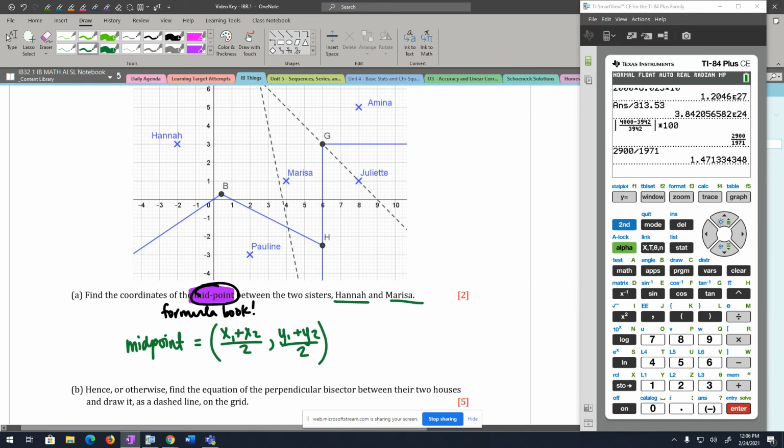So if we're looking for Hannah and Marissa, here's Marissa at the point 4, 1. Here's Hannah at the point -2, 3. So we've got -2 plus 4 over 2 and 3 plus 1 over 2, which means our midpoint's at 1, 2.